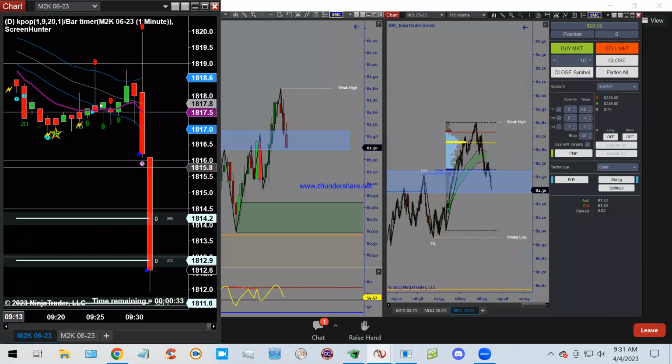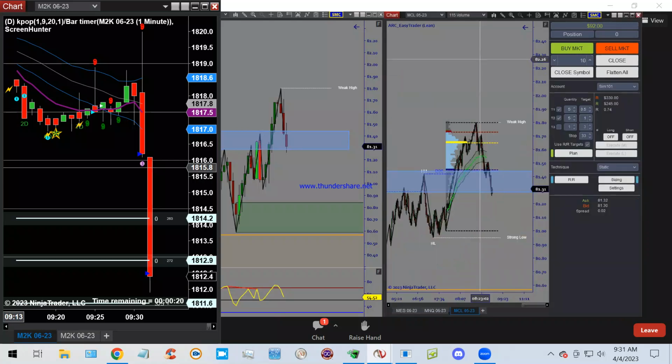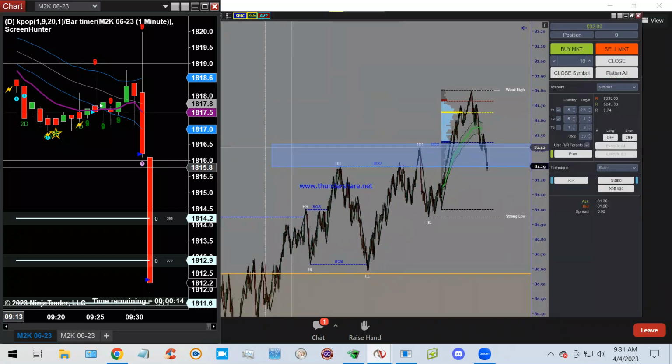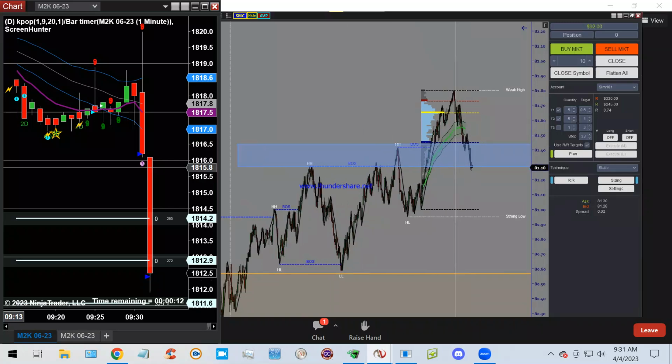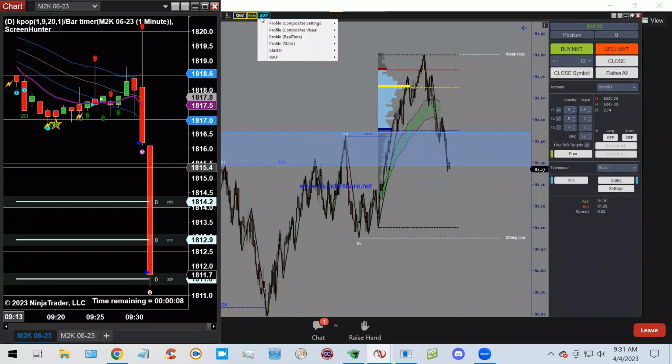Crude's pulling back into that area. It's an SMC order block on crude here.